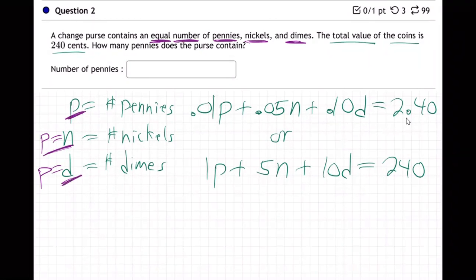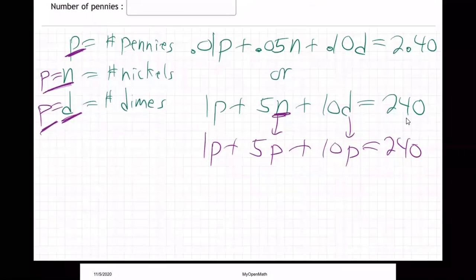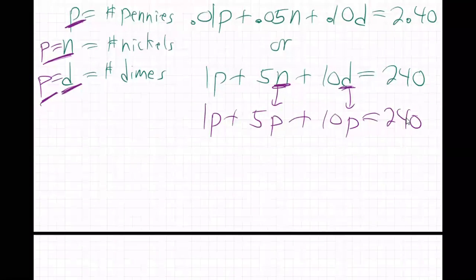And however many dimes there are, the pennies is the same. So really, I can just rewrite this all in terms of P, because there's an equal number of pennies, nickels, and dimes. So that's the real trick on this one, I think.